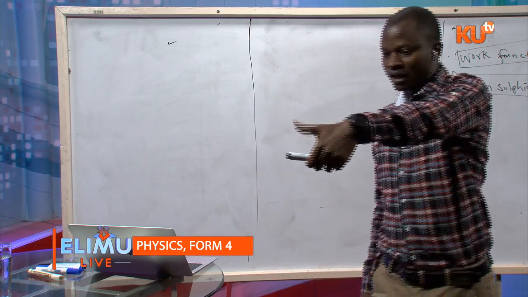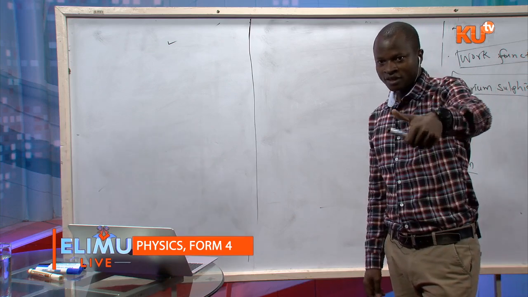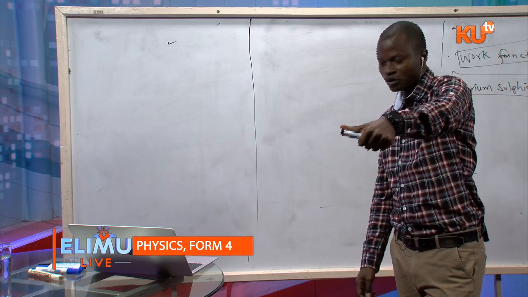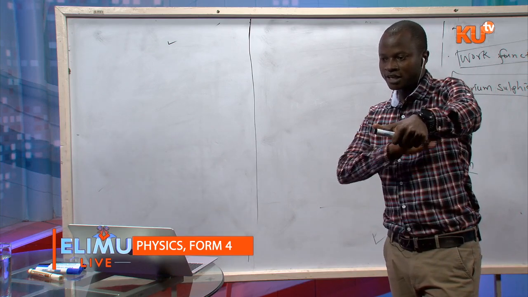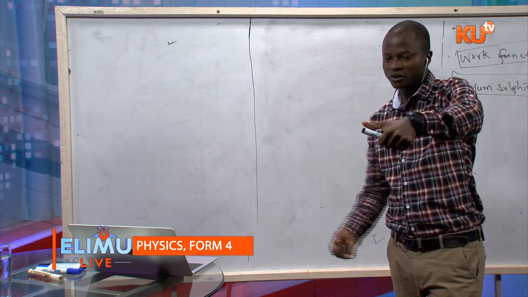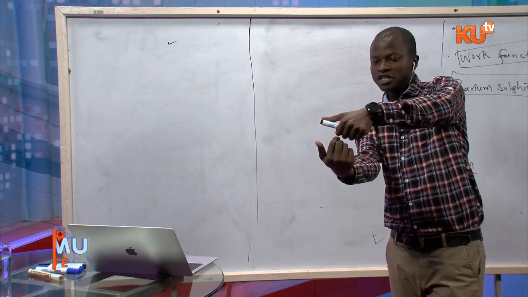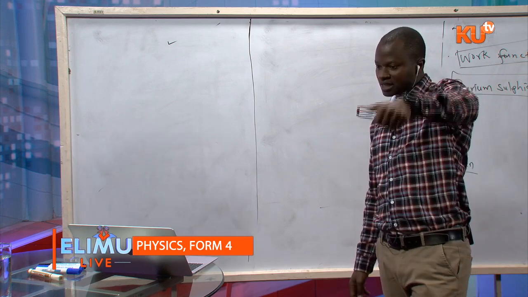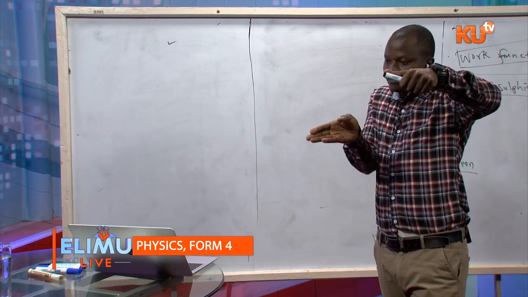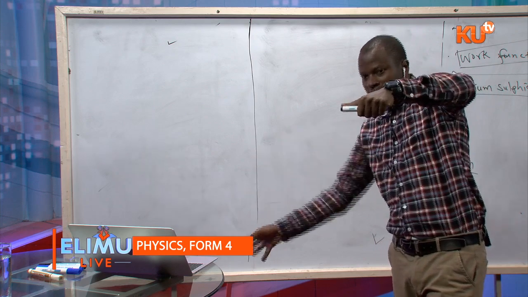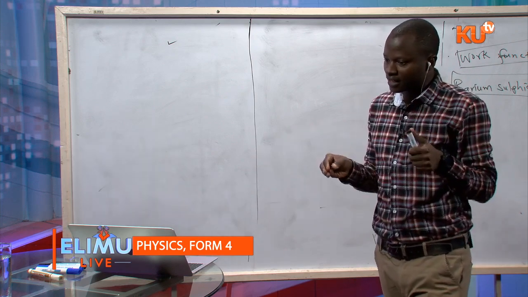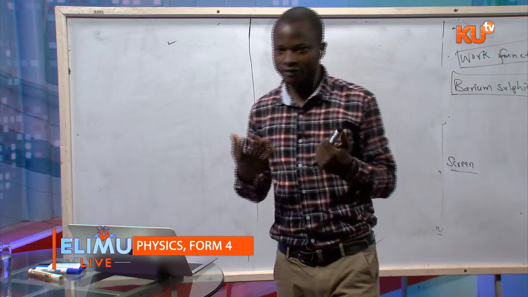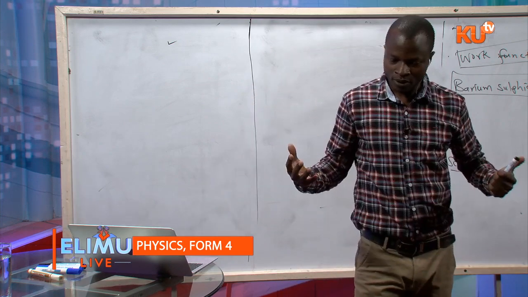So you can see, this is my left hand, the thumb is pointing in the direction of motion, as you have seen. So the cathode rays are moving in that direction. So the field is always in the direction of the fingers. That means the cathode rays are deflected towards that direction. So they are deflected in a magnetic field. Is that clear?